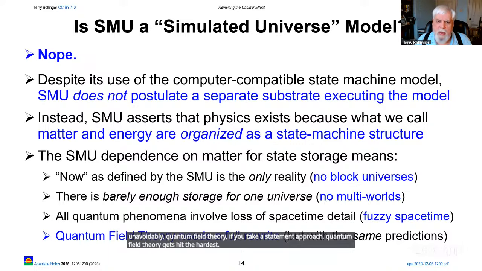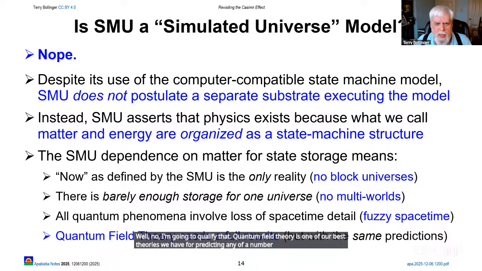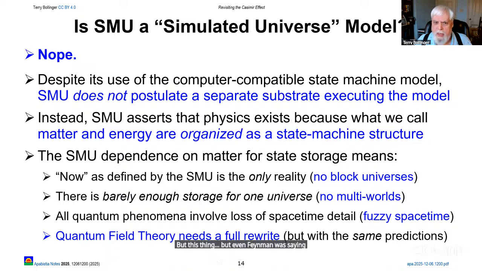Unavoidably, if you take a state machine approach, quantum field theory gets hit the hardest. And that doesn't mean that quantum field theory is in any way, well, no, I'm going to qualify that. Quantum field theory is one of our best theories for predicting any of a number of phenomena. QED is amazing in what it can predict. But even Feynman said it's probably more like a checkerboard.